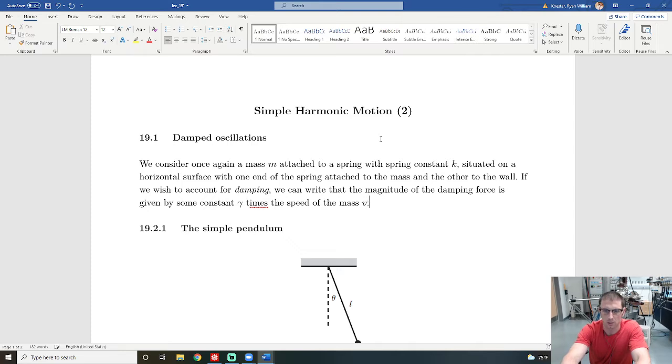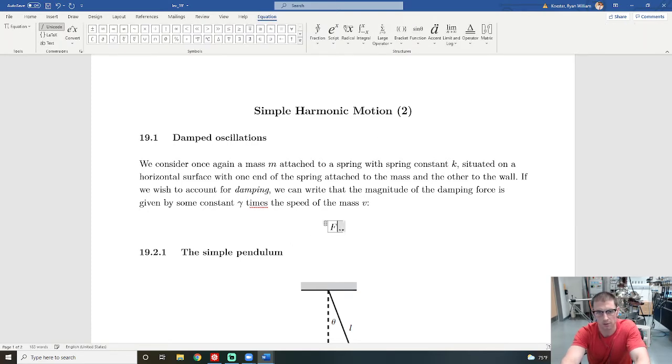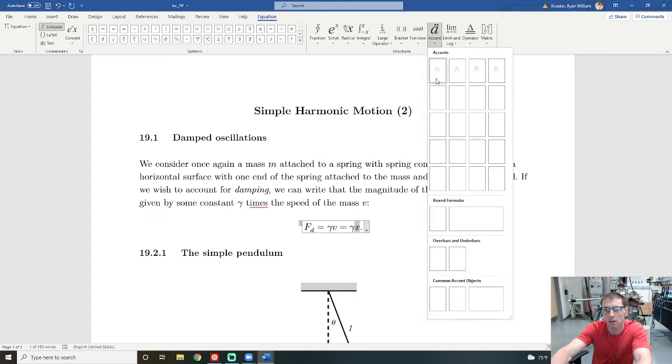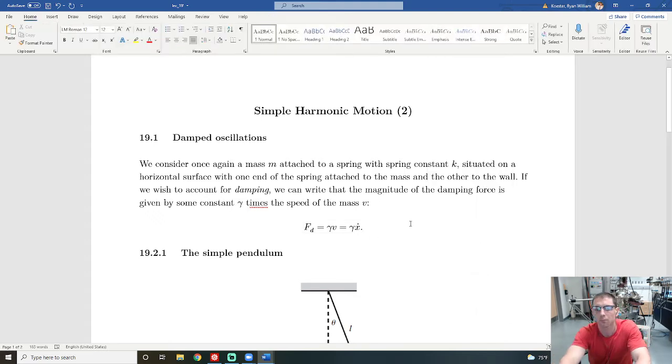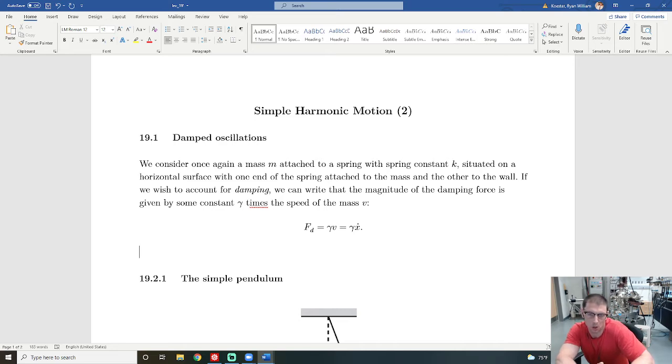So we could say Fd is going to be gamma v, and remember that v is actually just x dot, the first time derivative of position.